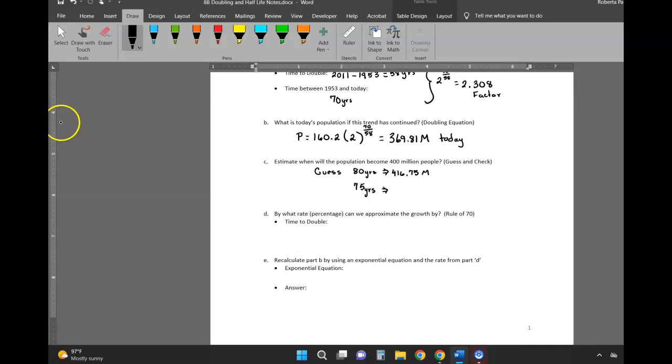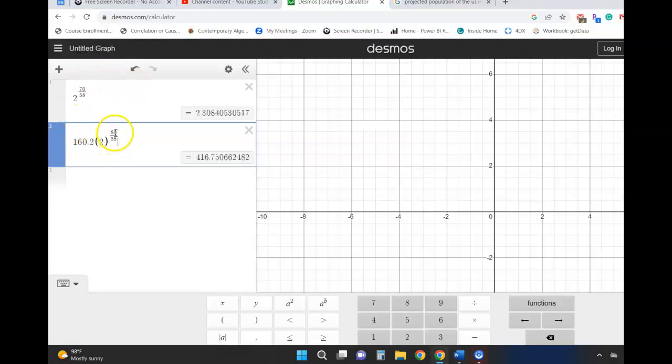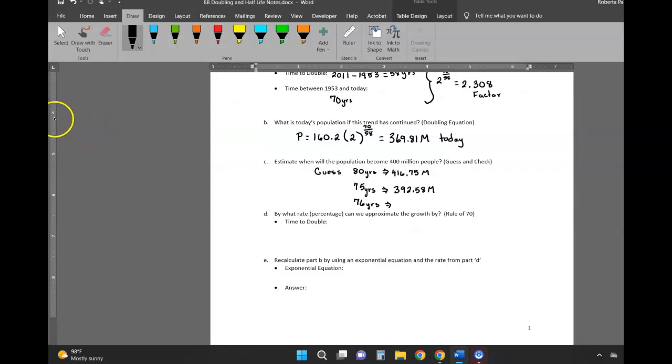Again, going over to Desmos to calculate that, we end up with 392.58 million. So we're close. We need a little bit more, so let's maybe try 76 years. And when we calculate 76 years, we get 397.3 million. That's very close, but not quite at 400 million, so let's try one more guess up.